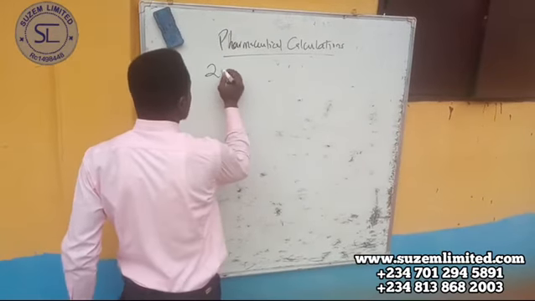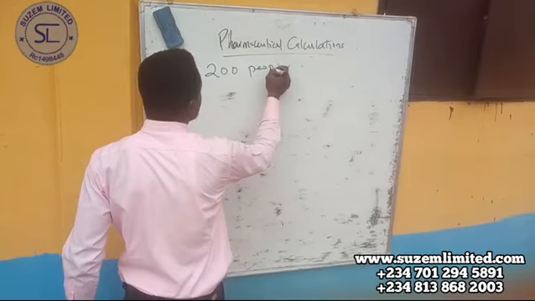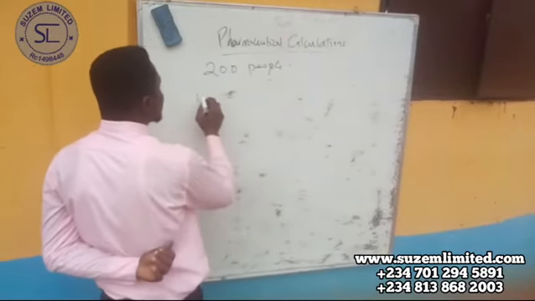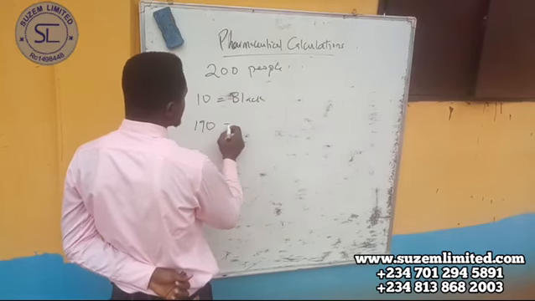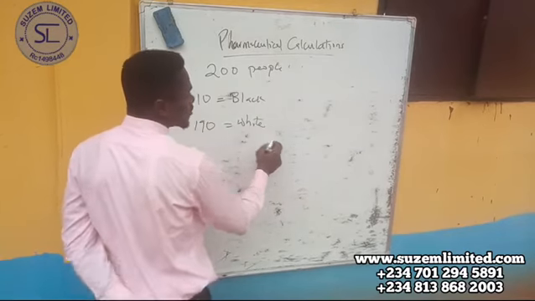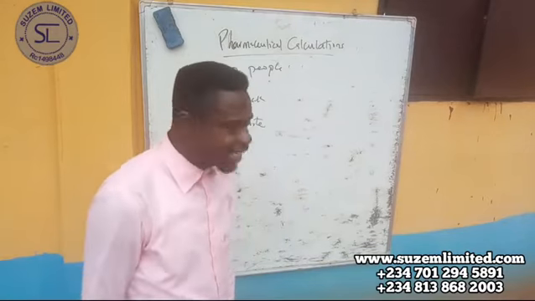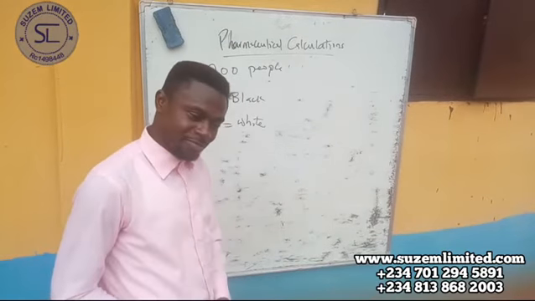We have a total of 200 people. Now, what is the percentage of the black people?